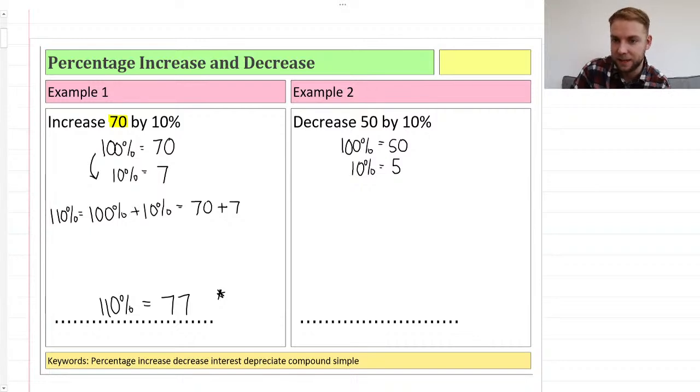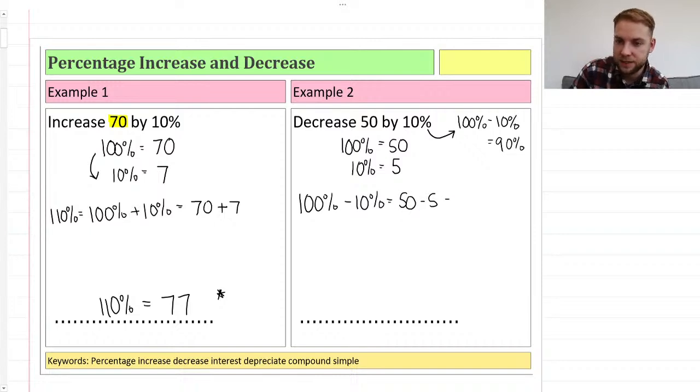A decrease of 10% means 100% minus 10%, which is equal to 90%. So here I'm doing 100% minus 10%, which is equal to 50 minus 5, which is equal to 45. So here, a decrease by 10% would be 90%, which is equal to 45.